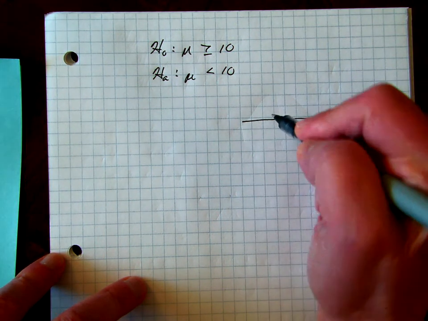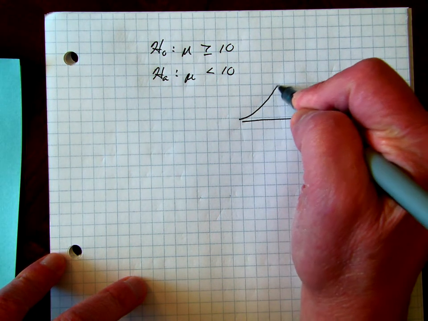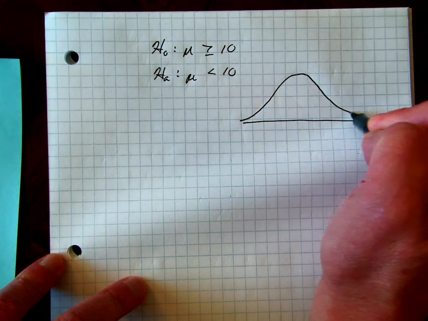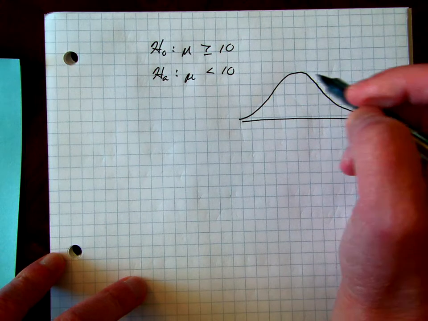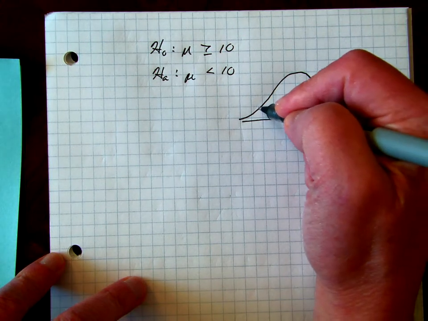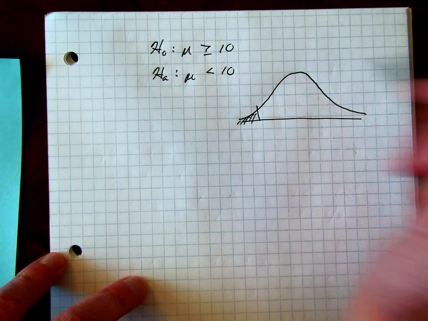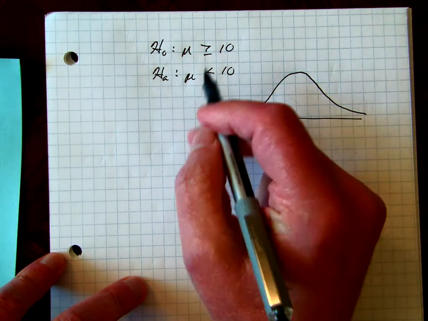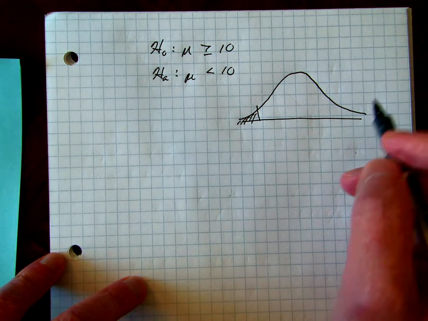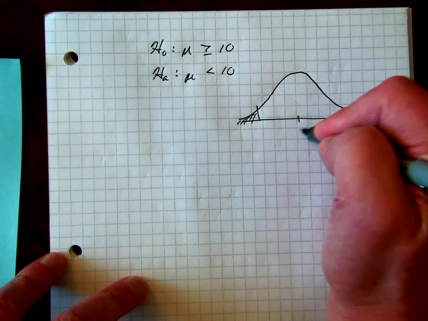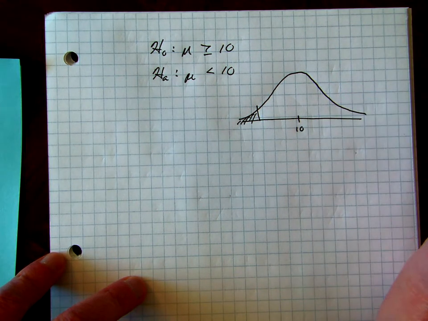In other words, our rejection region would be on the low side because this is the only part that causes us to reject our null hypothesis. And we're going to assume that 10 is our average.